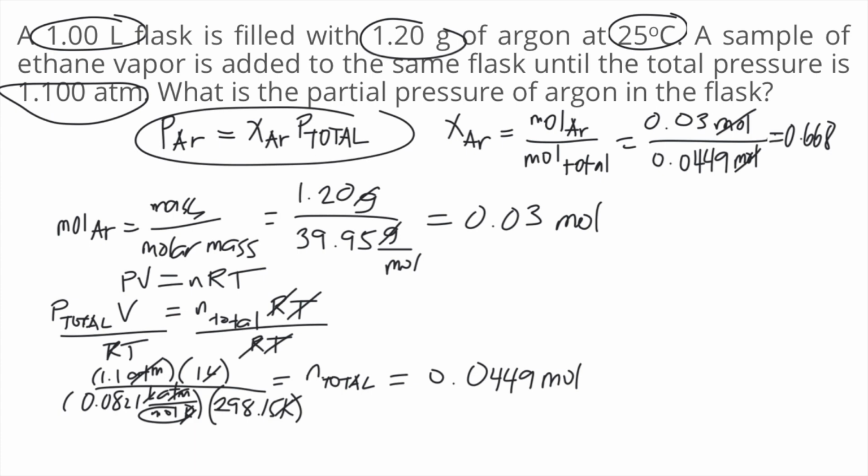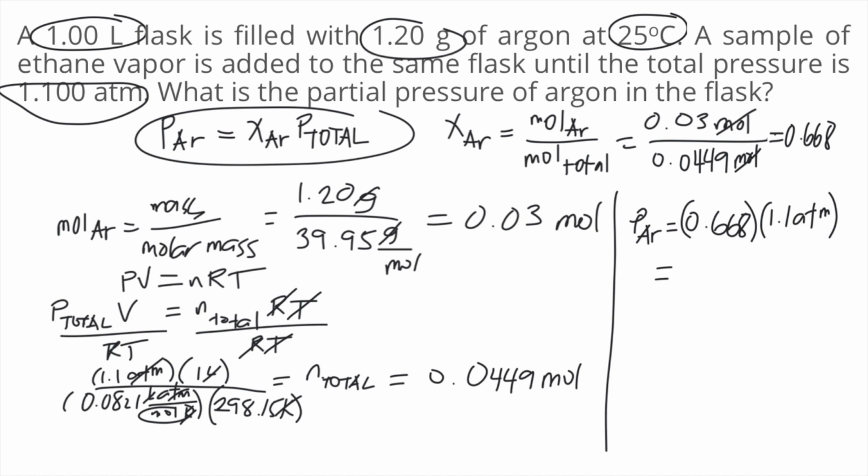Okay, now that we have the mole fraction of argon, we can go back to this formula to get the partial pressure of argon. So the partial pressure of argon is equal to the mole fraction, 0.668, times the total pressure, which is given in the problem, 1.100 atm.